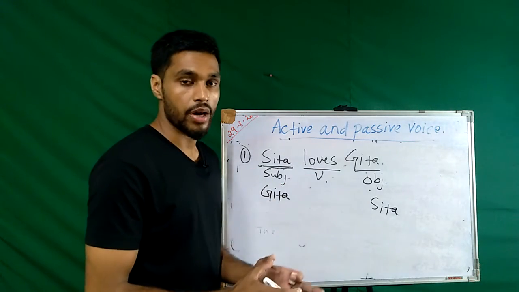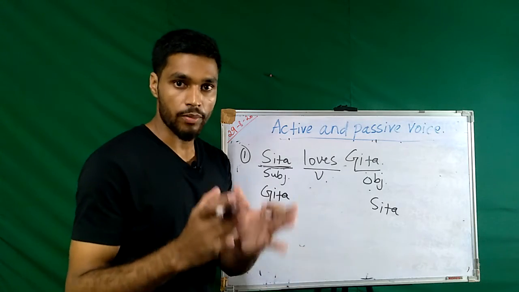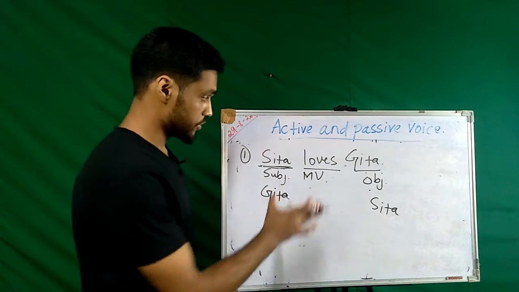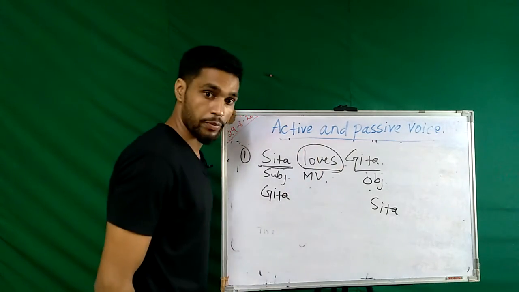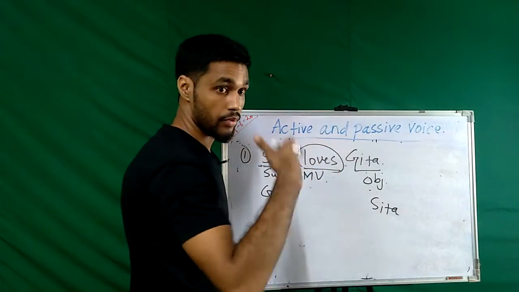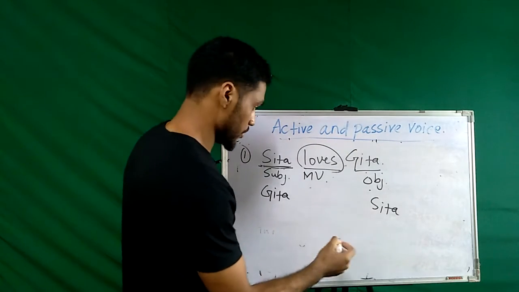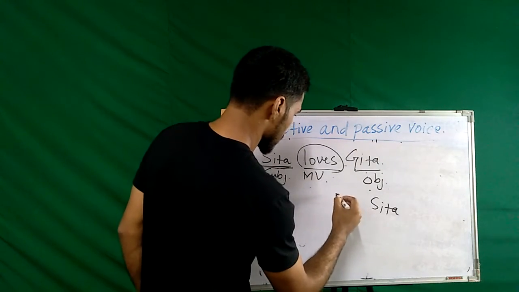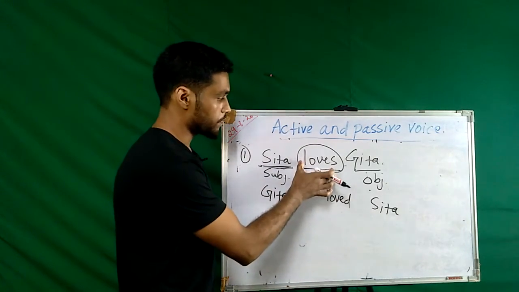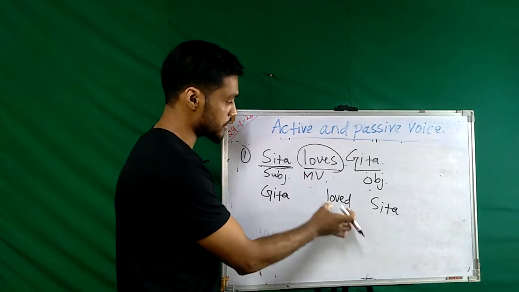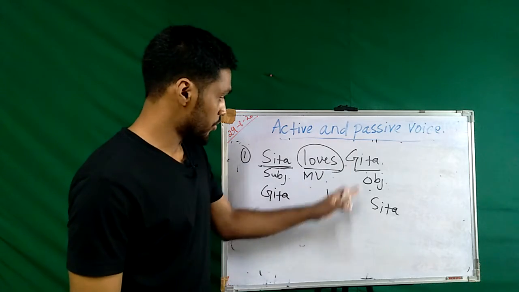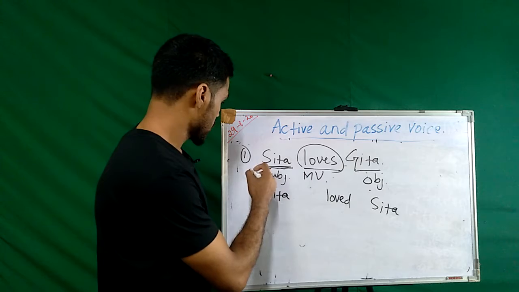What is the main verb here? Loves. Loves is the main verb and it is in simple present. So we have to convert this main verb into the third form of verb. Love, loved, loved. The third form of love is loved. So we are done with 3 steps.